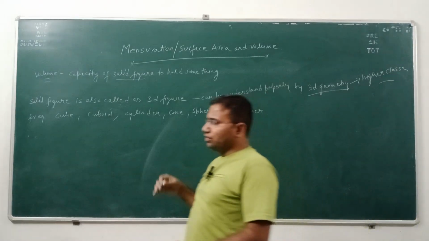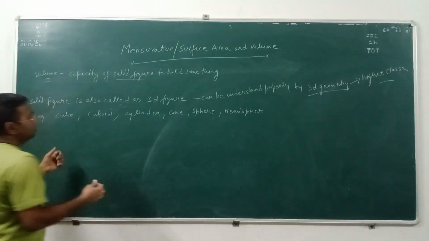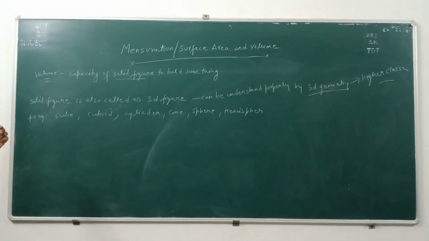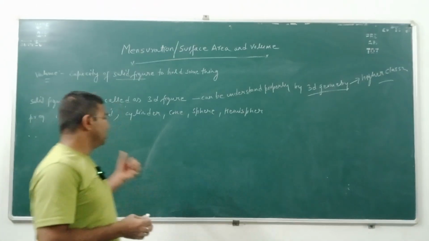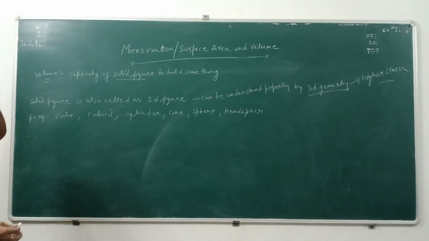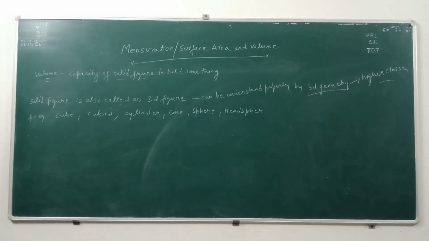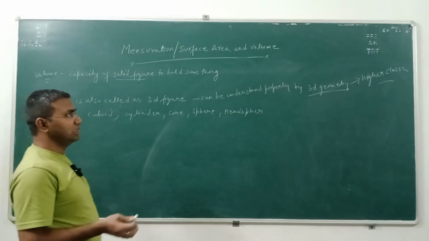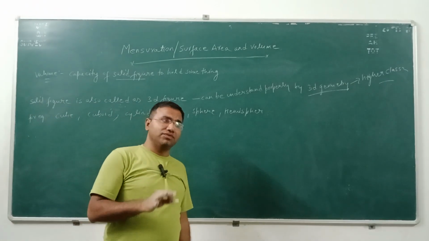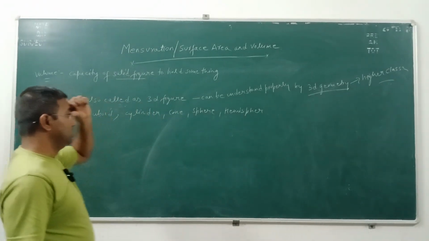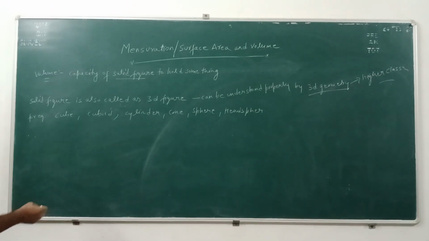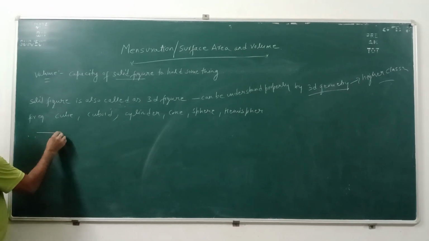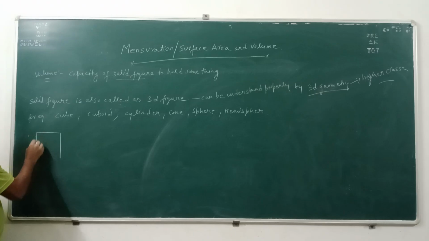But here you will learn some basic things related to the cube, cuboid and cylinder: what is the shape, how many edges, vertices and faces there are, how you will calculate the surface area and the volume. So let us start from the cube.